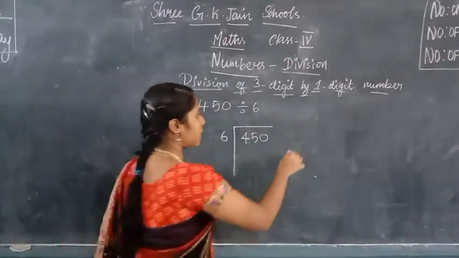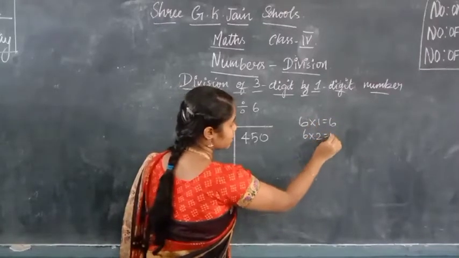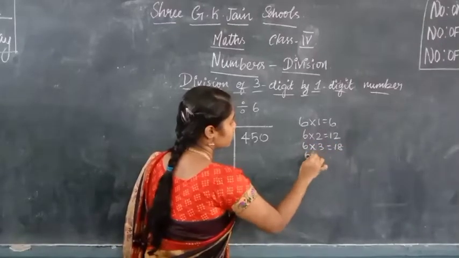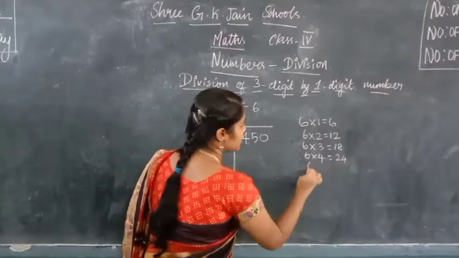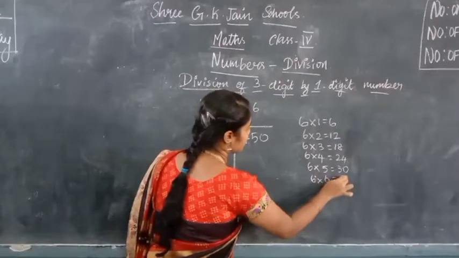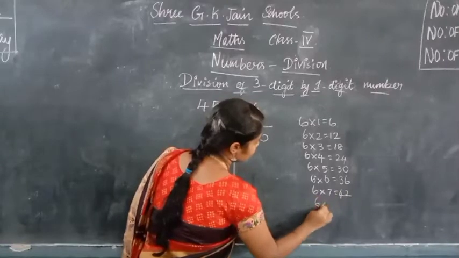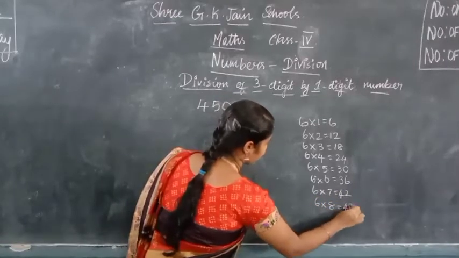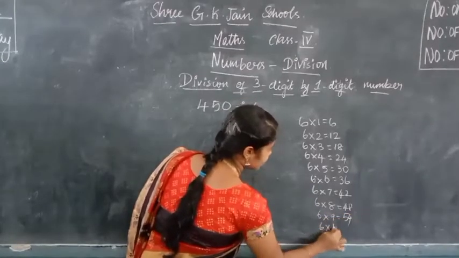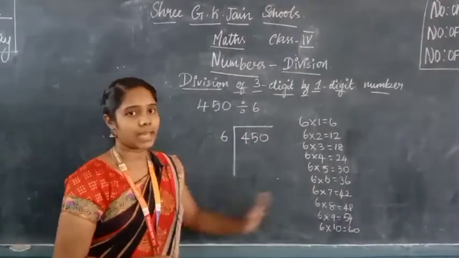As you are beginning, you can write the 6 tables on the side. 6 ones are 6, 6 twos are 12, 6 threes are 18, 6 fours are 24, 6 fives are 30, 6 sixes are 36, 6 sevens are 42, 6 eights are 48, 6 nines are 54 and 6 tens are 60. So up till 60 you can write it and keep it aside for your reference.